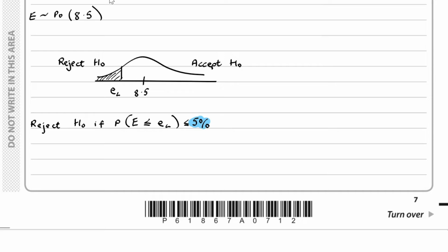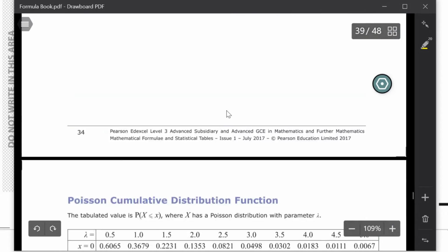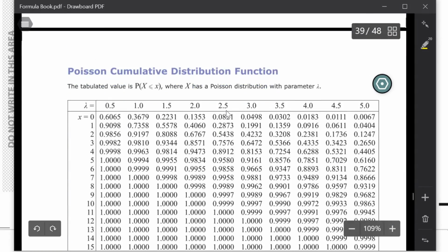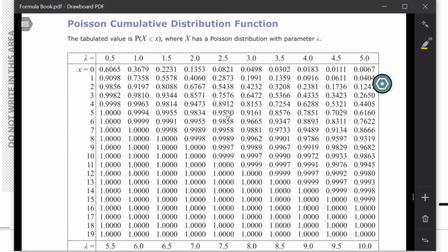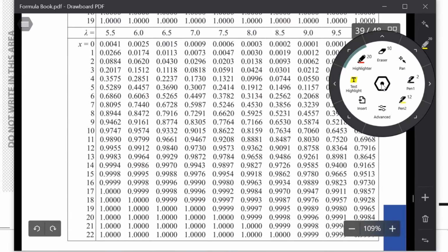So using tables, what you can hopefully see is, if we take a look somewhere in the tables, we have a Poisson distribution. We have 8.5, so let's just get a different color.